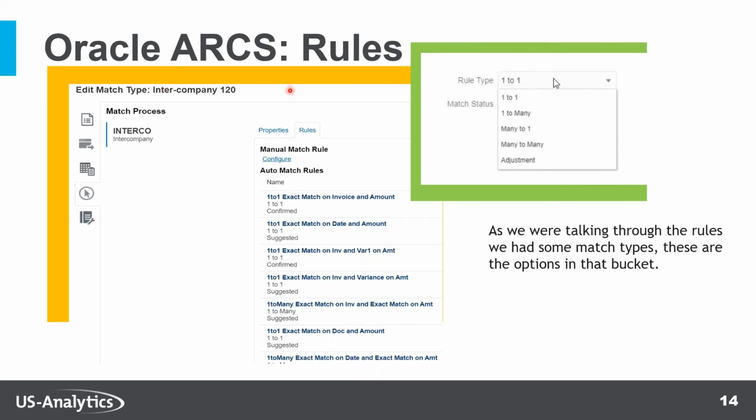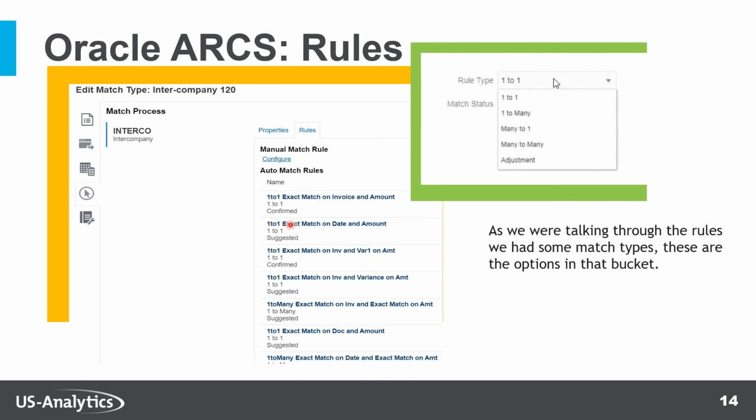And then here you'll see some examples of different types of match rules. So again, the one-to-one exact match on invoice and amount. If I have a situation where everything exactly matched out, then go ahead and confirm it, mark it off, reconcile it for me.